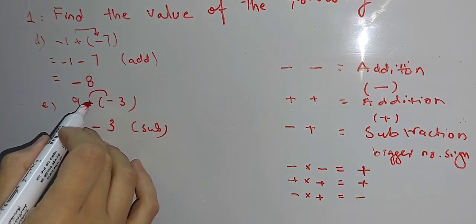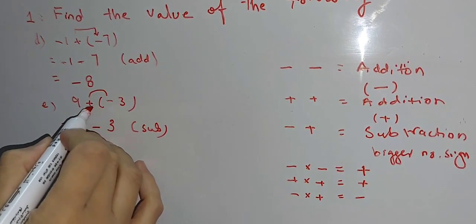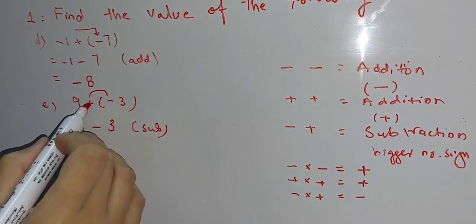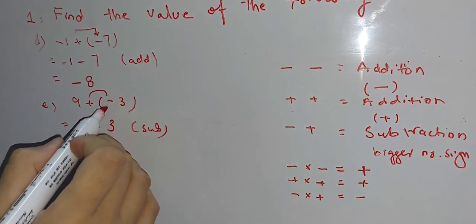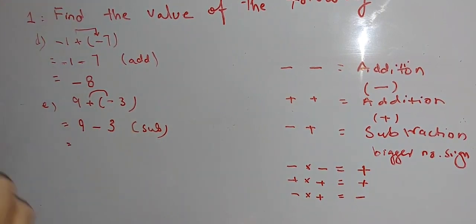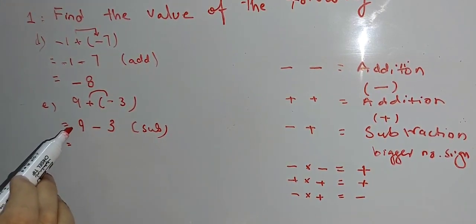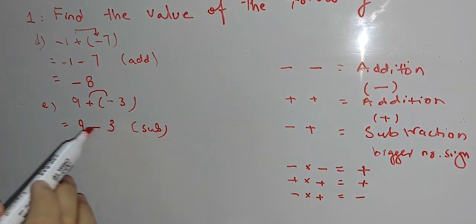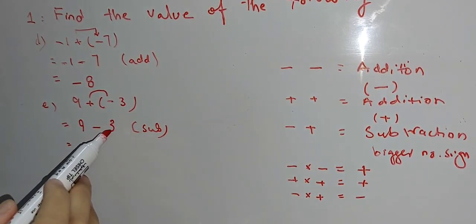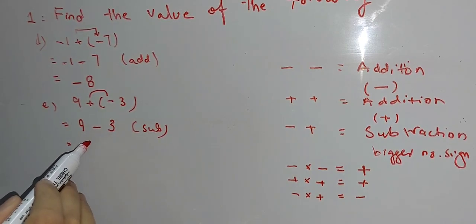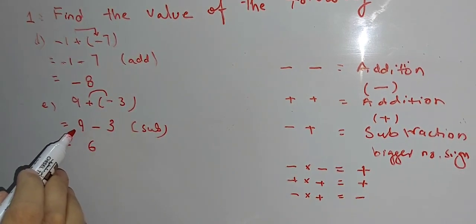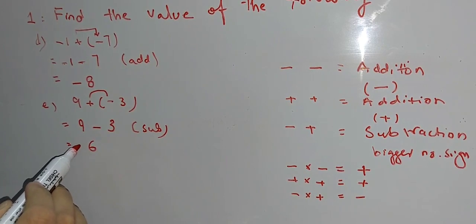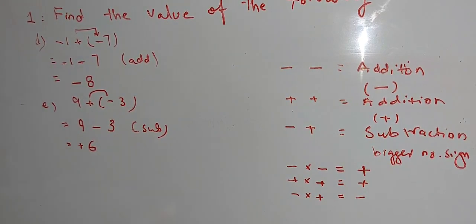Here we are multiplying this sign with this one. When we open the bracket, we multiply this sign with this sign, so we get plus minus minus. But here we have to go for addition or subtraction. Plus minus, we will go for subtraction. So plus 9 minus 3. What will be the answer? 6. And the bigger number carries plus sign, so the answer will also be plus 6. Now move on to part F.